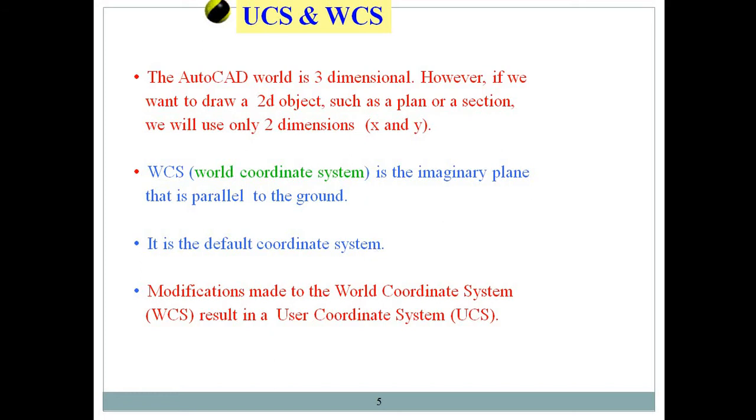Modification of the world coordinate system totally depends on the UCS, the user coordinate system. This is the main difference between UCS and WCS, the user coordinate system and world coordinate system.